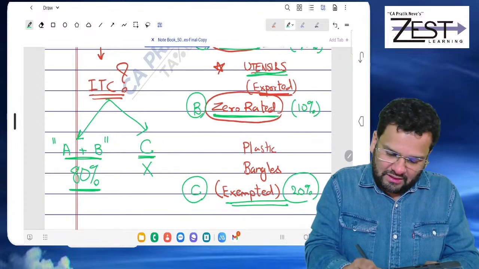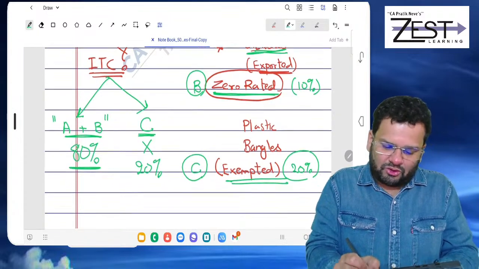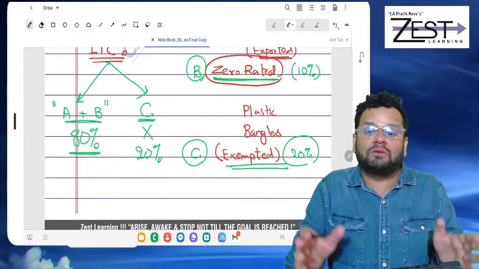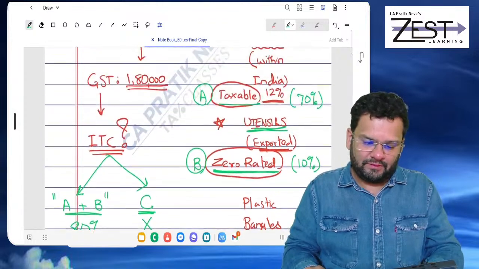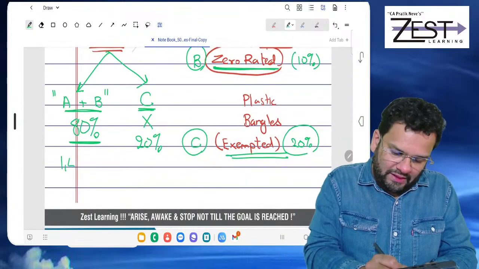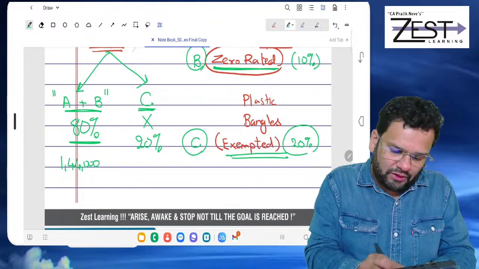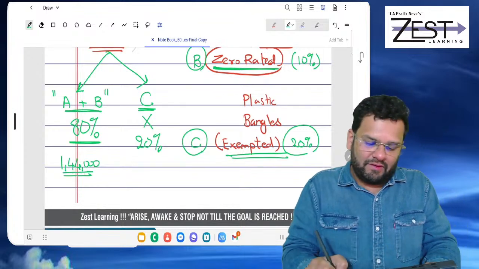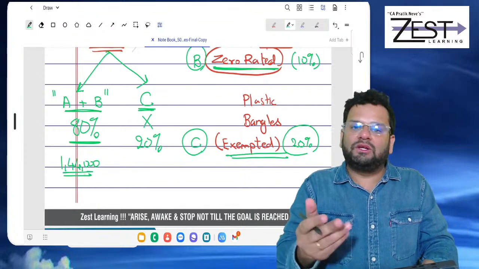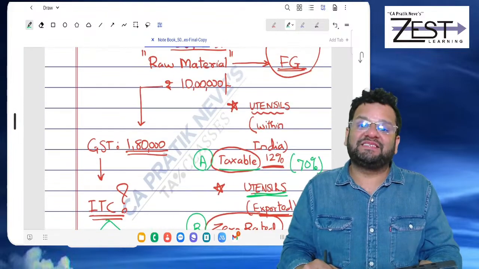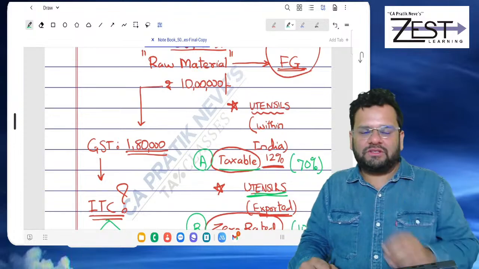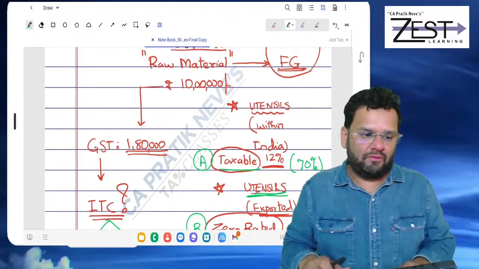And to the extent of this 20%, ITC will not be allowed. So 1,44,000 worth of ITC will be available and the balance will not be available. Does it make sense?